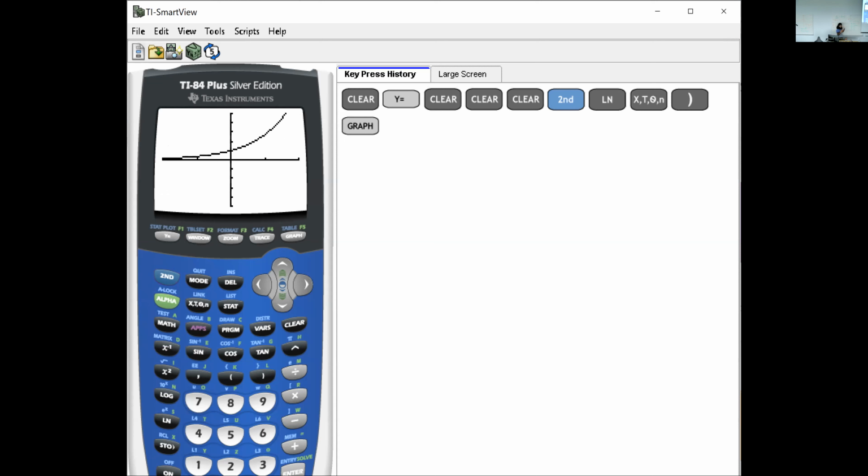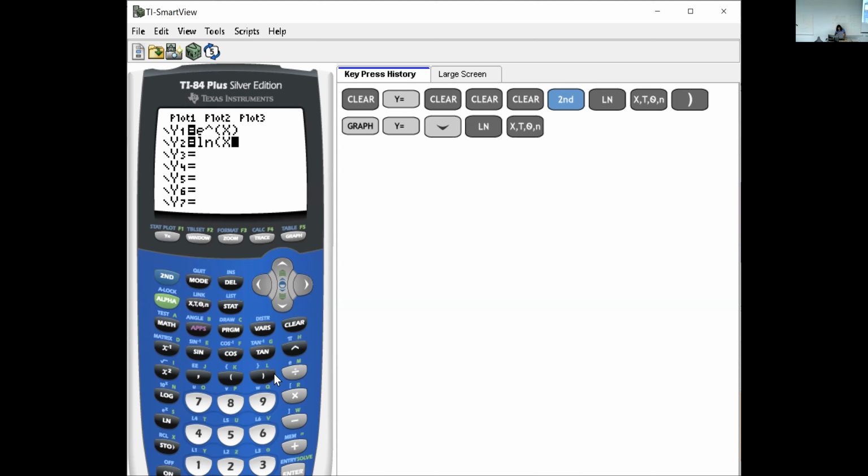Some of you can visualize it, you're an artist. But if you look at it from the other side, the curve has to go that way. So ln of x.